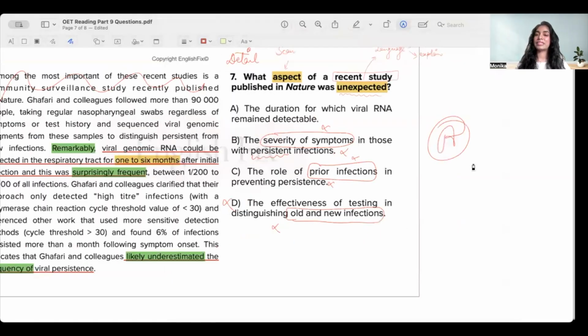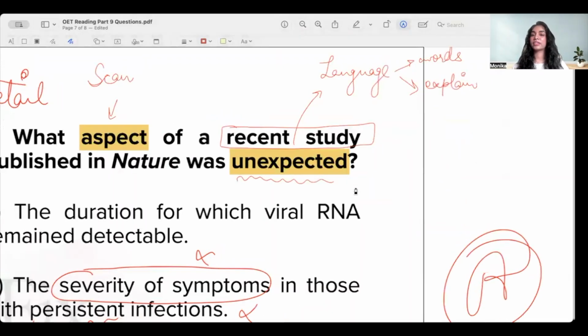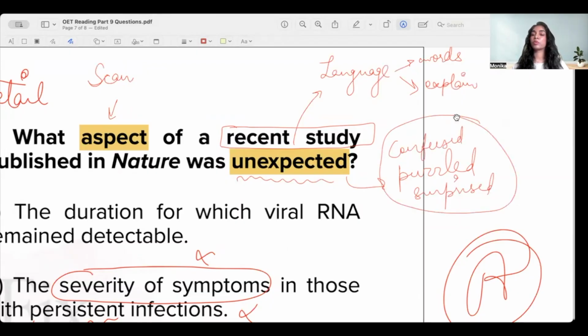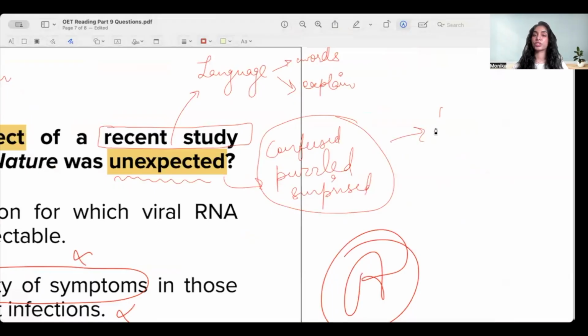I hope this particular question type tells you that anytime you get any of these words, puzzled, surprised, confused, worried, these are detailed questions, yes, but at the same time, these are most importantly your language questions. And in a language question, you want to first of all identify where the topic is being discussed.